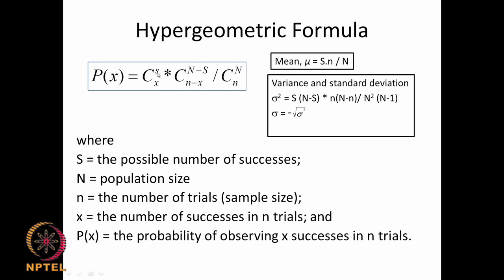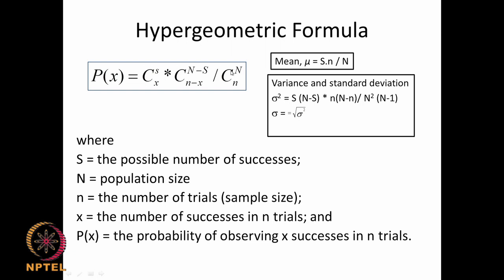So, S factorial is in the numerator, and the denominator will have x factorial and (S minus x) factorial. Similarly, we will have (N minus S) factorial in the numerator, small n minus x factorial in the denominator, and then (N minus S minus n plus x) factorial again in the denominator.